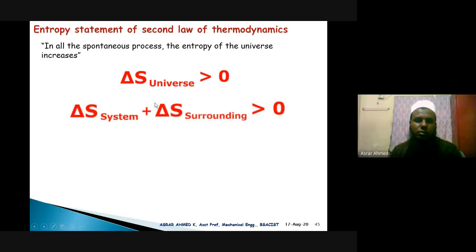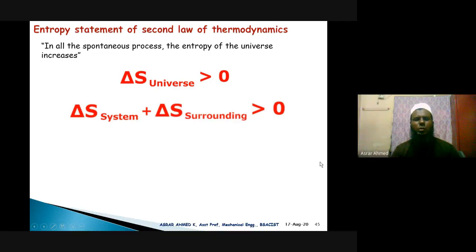So the entropy change of the universe is always going to be greater than zero. In the universe, I have system and surrounding, nothing else. Wherever I go, I have only system and surrounding. If you add these two entropy changes, it is always going to be greater than zero.